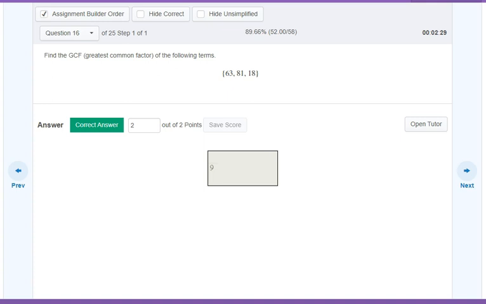Now again, we're looking for the greatest common factor of these 3 items. And you might say 63 is 9 times 7. 81 is 9 times 9.